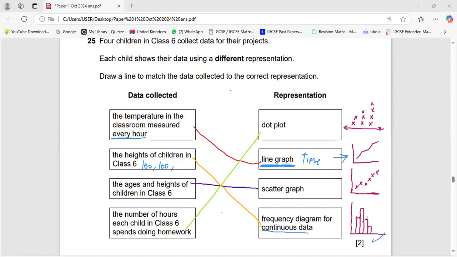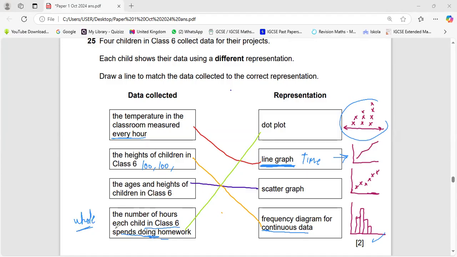Here is a frequency diagram like this shape, and a dot plot like this one. It's used when we have a relationship between two variables, and the variable doesn't matter, like the number of hours each child in class 6 spends doing homework. Use the dot plot again. Dot plot is used when we have whole numbers. It's better to use it for whole numbers.